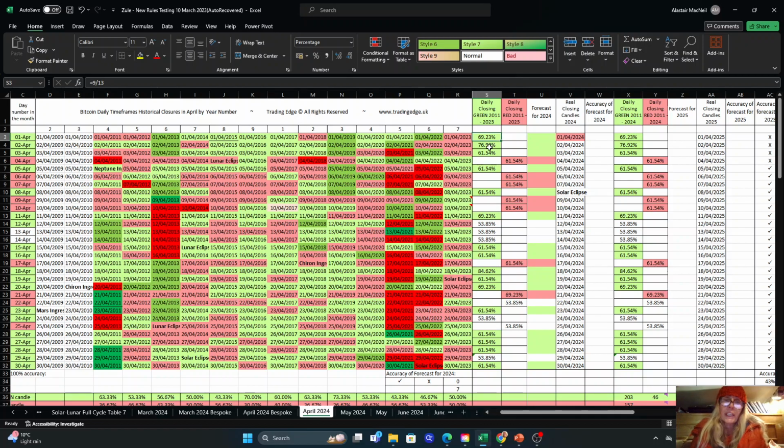So could it be that the next day it's not going to perform to plan as well? So the 2nd of April has 76%, 77% historical closure on green candles.